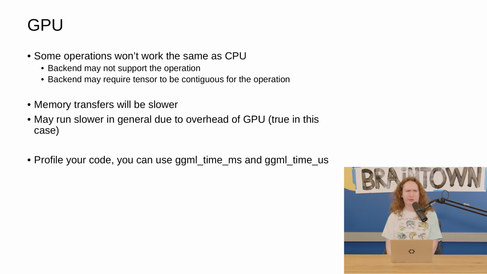And some operations just won't work the same as on CPU. You may run into errors. This might be either because the backend doesn't support the operation, or it requires the tensor to be contiguous, so you need to add a call to GGML cont before calling that operation.